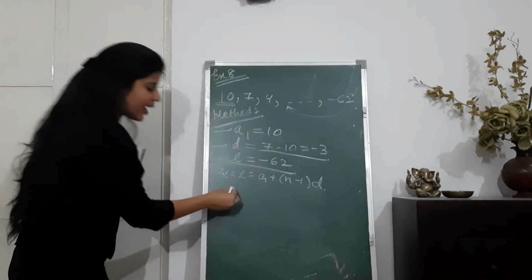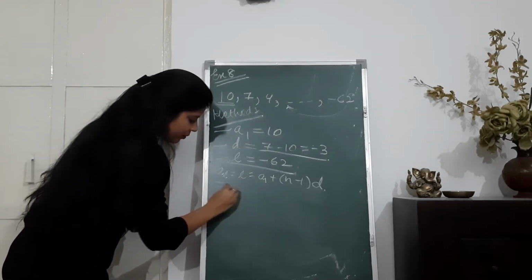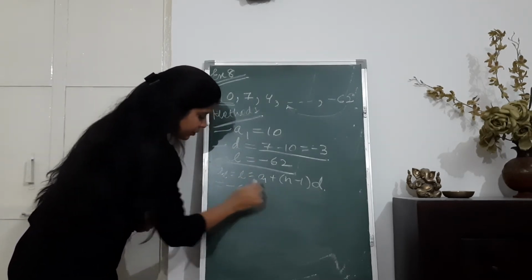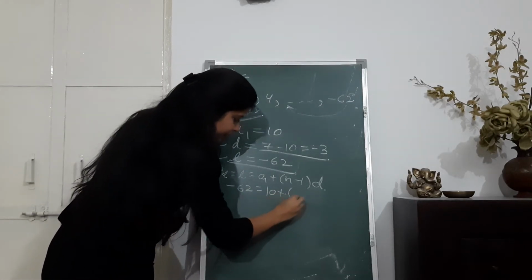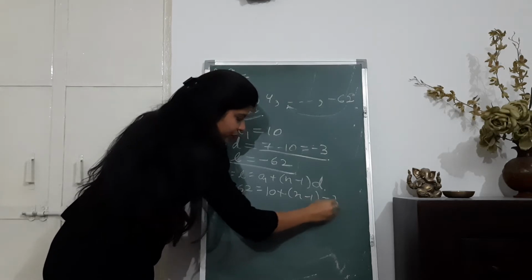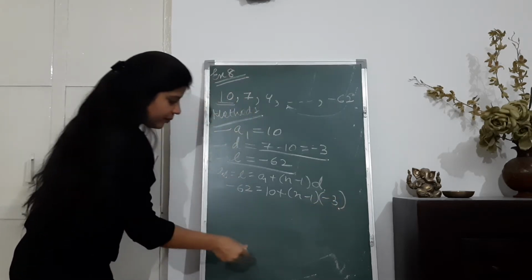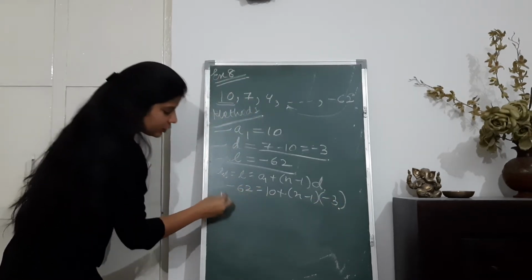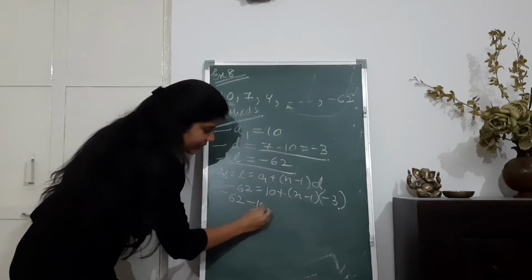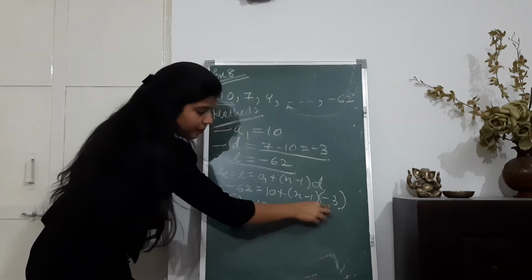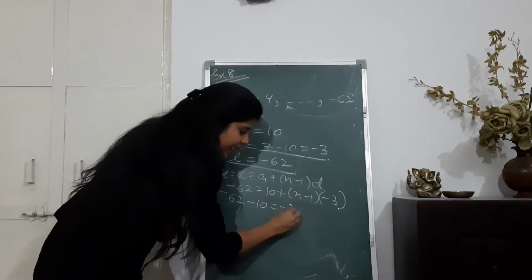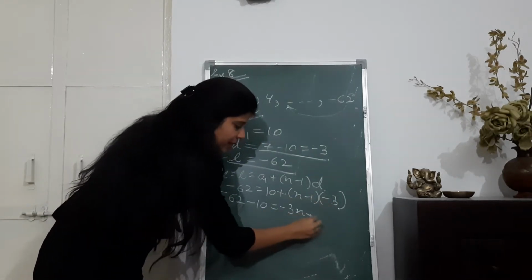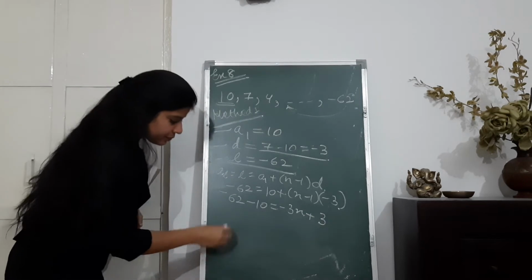Now let's put these values. Minus 62 is equal to 10 plus n minus 1 into minus 3. Moving this here, minus 62 minus 10 is equal to minus 3, see, this is minus 3, not 3. So minus 3n, and minus minus becomes plus 3.